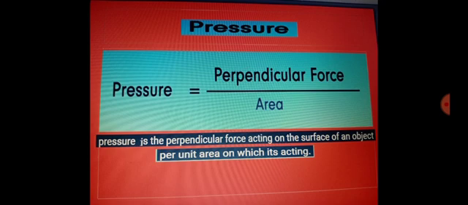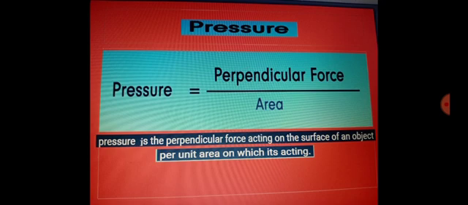That means force increases, pressure increases. That means pressure is more, so the force is more. Whereas pressure and area are inversely proportional. That means area increases, pressure decreases. Or in other words, pressure is less, that would mean the area on which the force is applied is more.